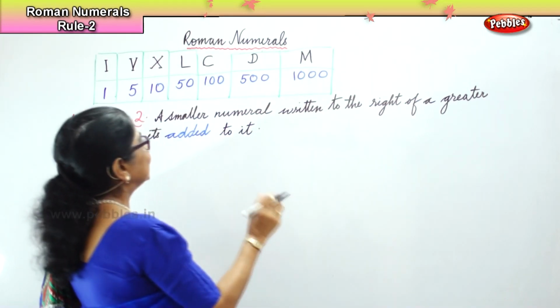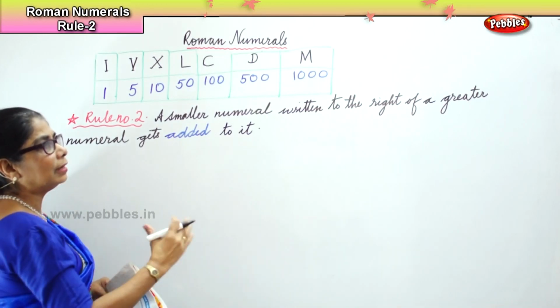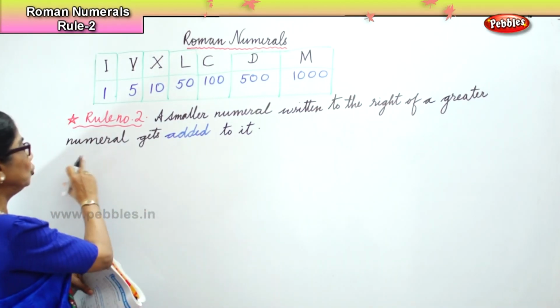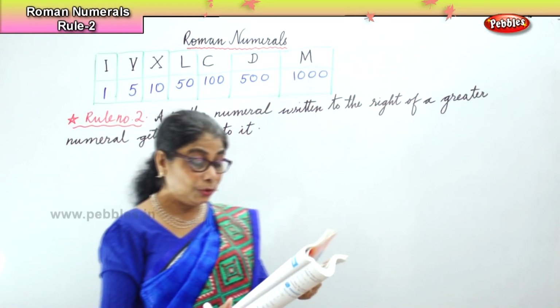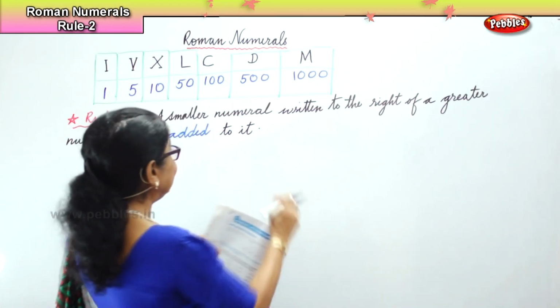Look at it again. A smaller numeral written to the right of the greater numeral gets added to it.